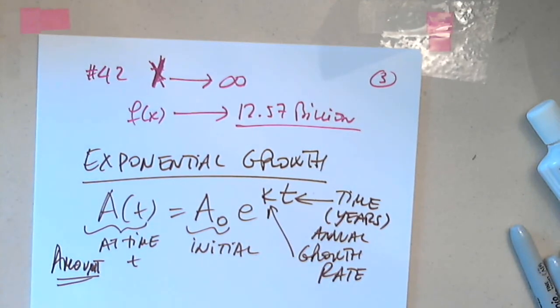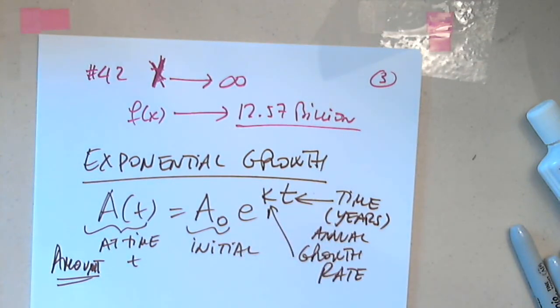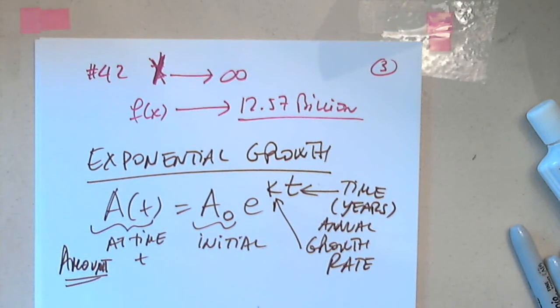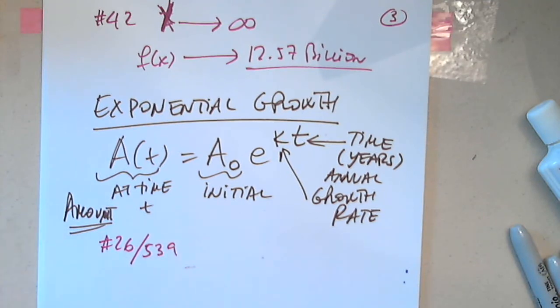Okay, so let's look at the problem with exponential growth. We had this before because this is very similar to the continuous compound interest. It's the same formula. Okay. Problem 26 caught my eye on page 539.